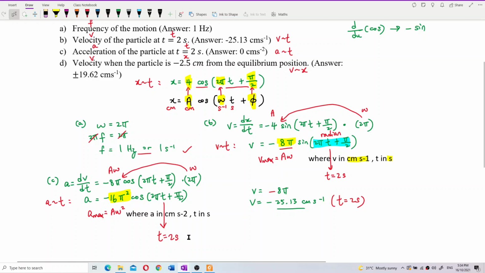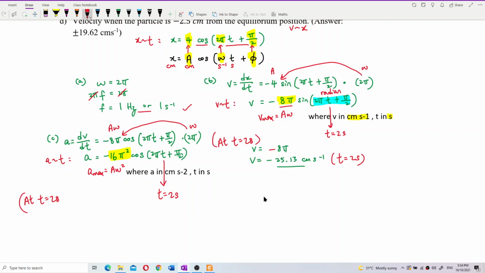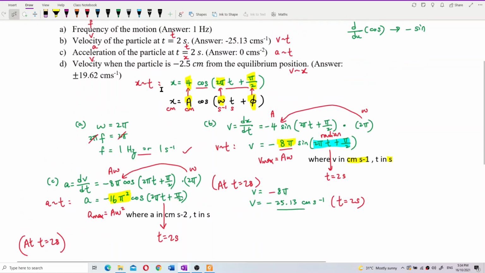Now you substitute the time with 2 seconds. So at time equal to 2 seconds, velocity is this. How about acceleration?